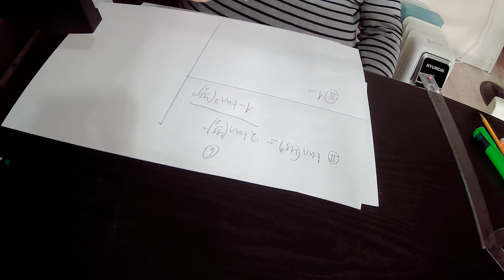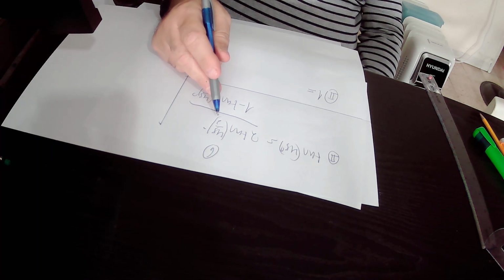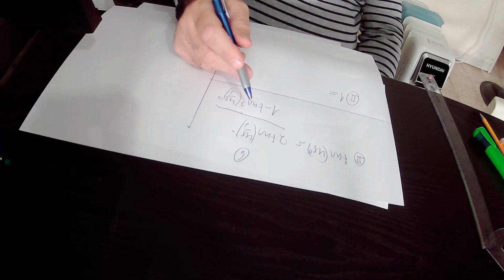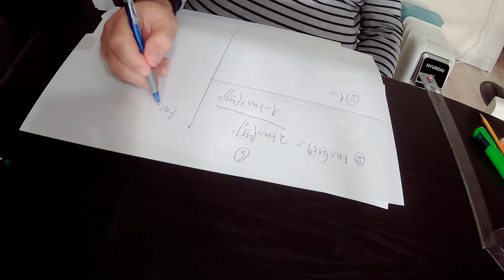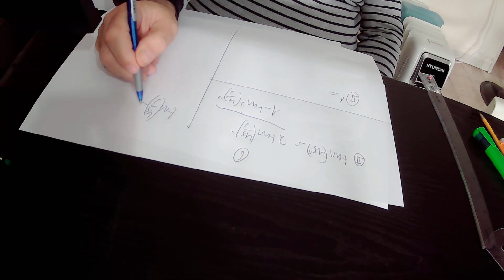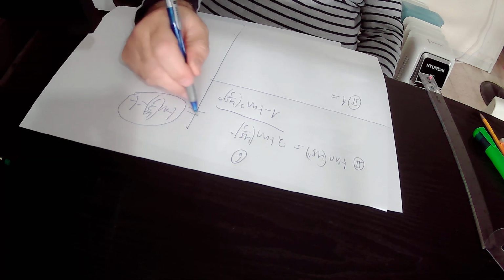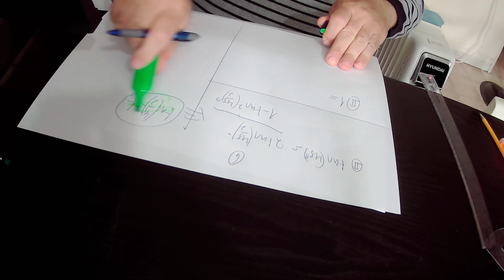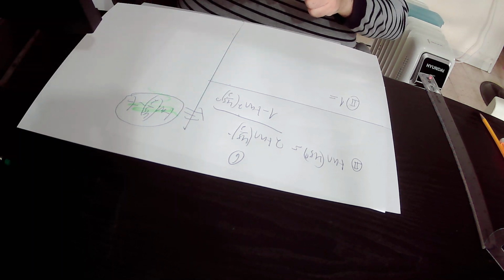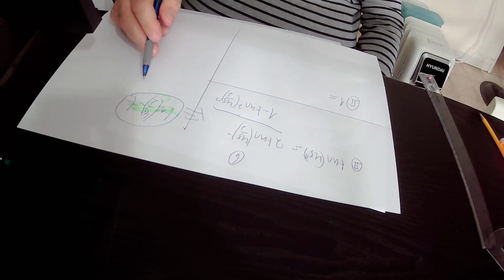Here tangent 45 degrees is 1. We will define tangent 45 over 2 degrees as t, and we substitute it in equation number 2 by t.